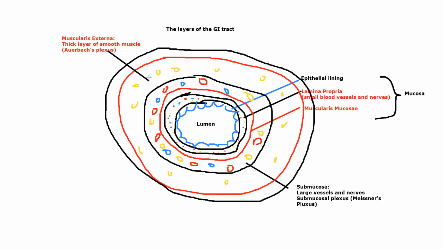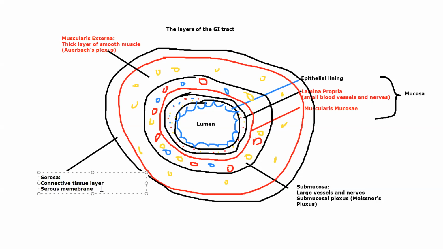So this was the muscularis externa, and then the outermost layer is the serosa. And the serosa is basically a connective tissue layer as well as a serous membrane.